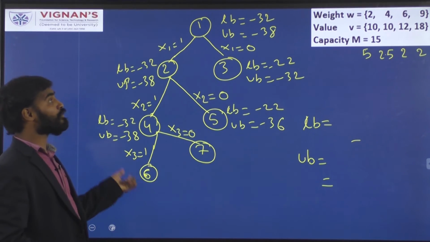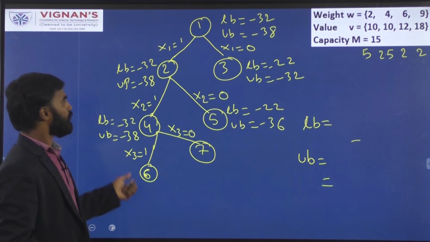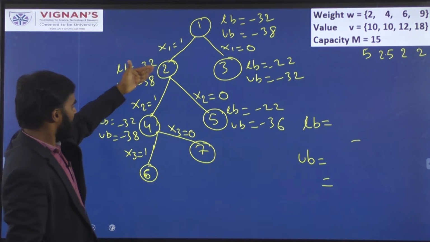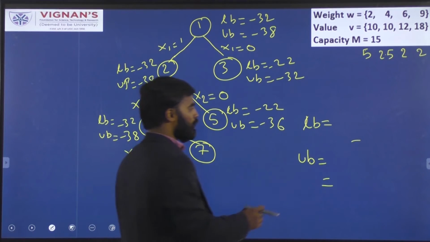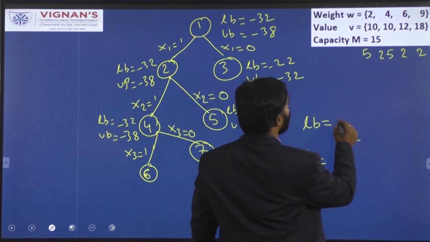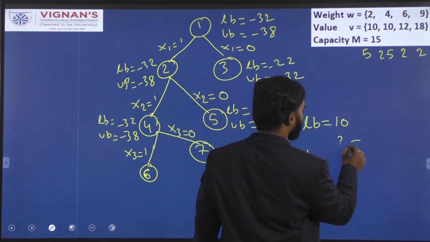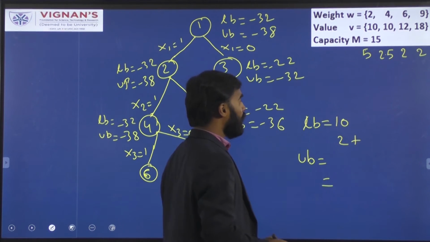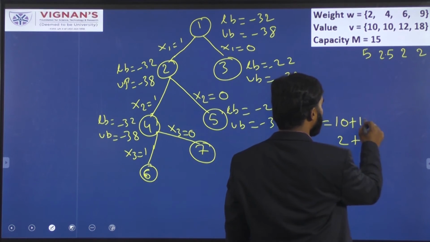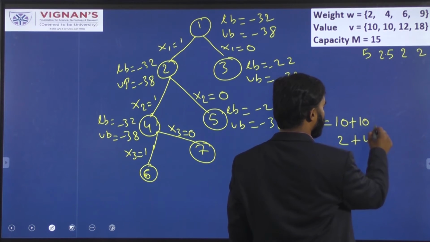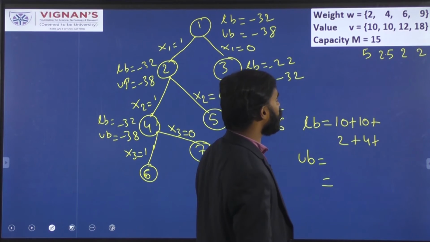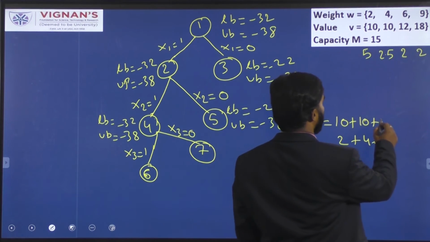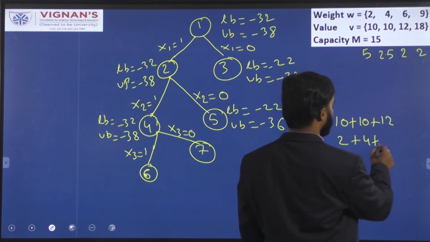The path from root to 6 is include item 1, include item 2 and then include item 3. Item 1 has value 10 and weight 2, item 2 has value 10 and weight 4, and item 3 has value 12 and weight 6.